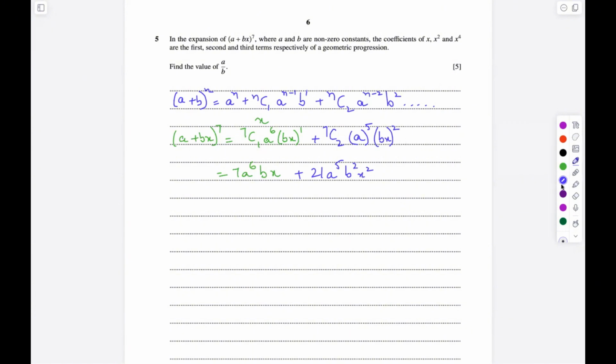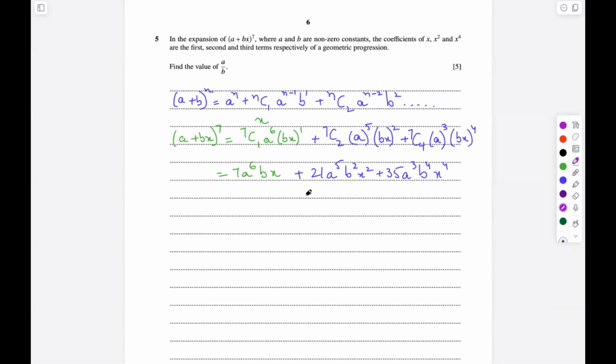And for the coefficient of x to the power 4, we can use 7C4, so that will become 7C4 a to the power 7 minus 4, which is 3, and (bx) to the power 4. 7C4 is 35. So that will be 35 a cubed b to the power 4 x to the power 4.